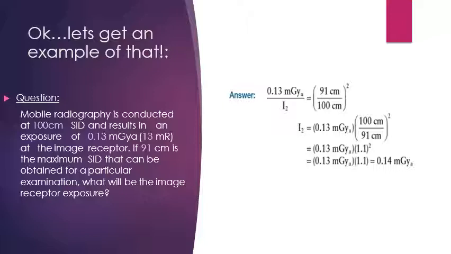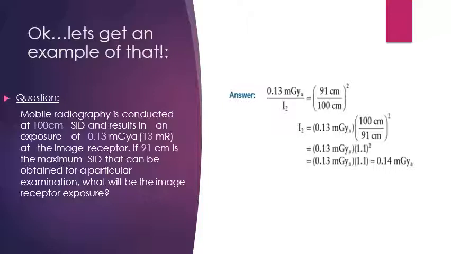Okay, let's get an example of what we're talking about here. I'm going to be using a question and an answer that came from the Bushong textbook, and it goes like this. Mobile radiography is conducted at 100 centimeters SID and results in an exposure of 0.13 milligray at the image receptor.